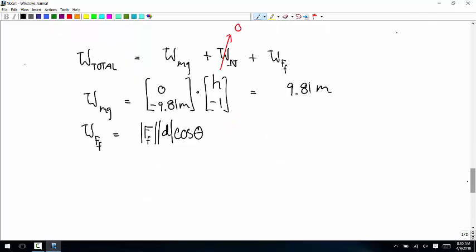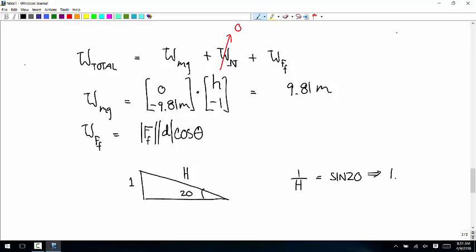Well, now we have to figure out that distance. We know that this is 1. We know that this is 20. So I'll call this capital H, hypotenuse. So 1 over capital H is equal to the sine of 20. So H is equal to 1 over sine of 20.